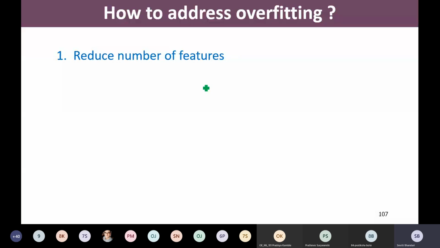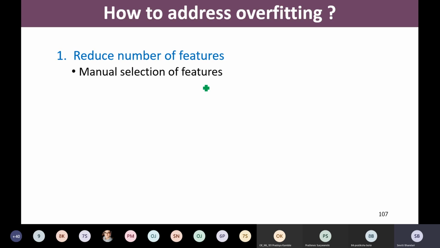If we are having 100 features, we may think that not necessarily all those 100 features are really contributing. All those 100 features are not really very important. And I may think, why not reduce the number of features, and pick only the features that are most significant. So this is the first way to address overfitting: we can reduce the number of features.